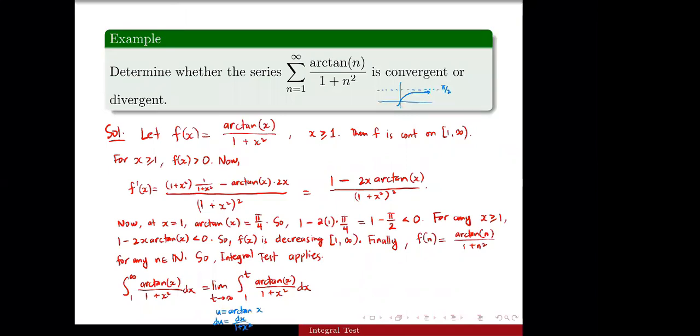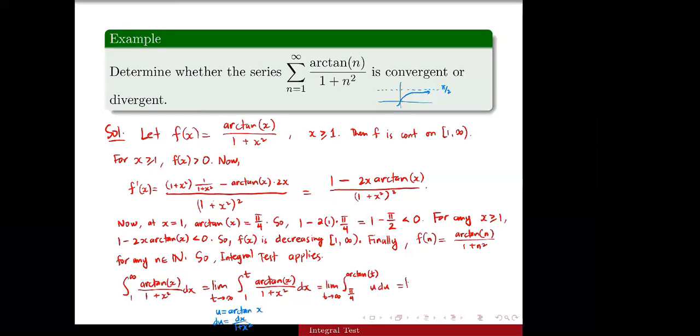So if we do this, it is just the limit as t approaches plus infinity of the integral from arctan of 1, that's pi over 4, up to arctan of t, of u du.